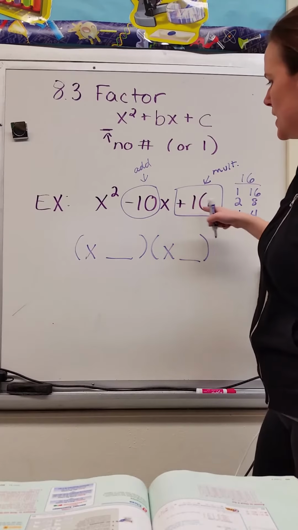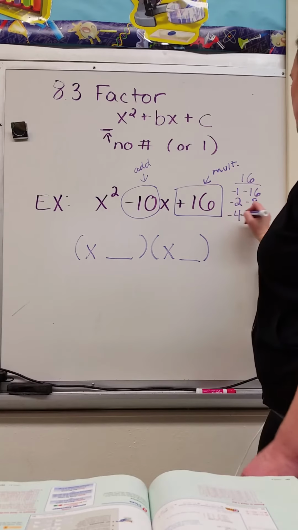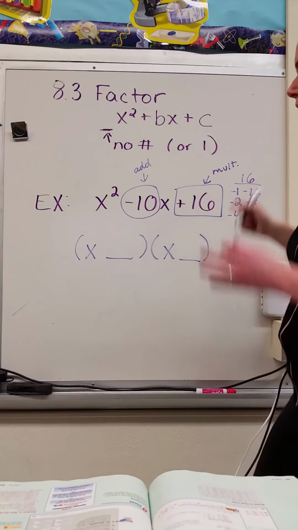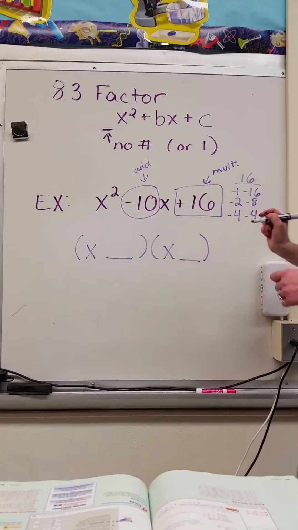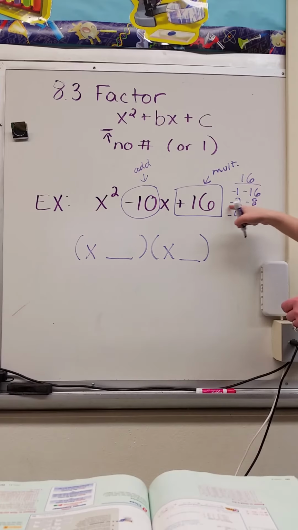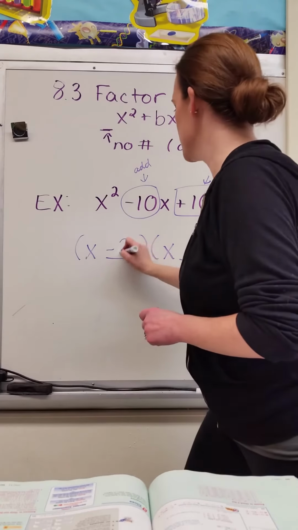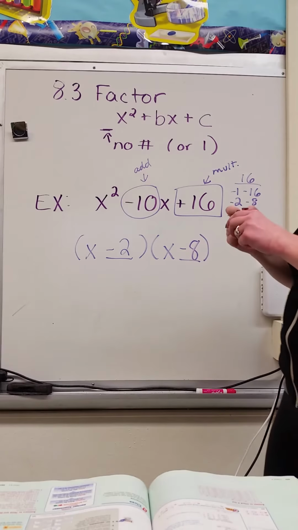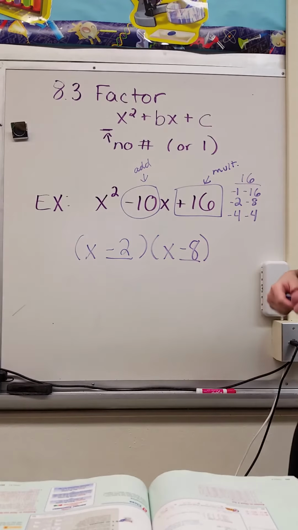Since we're multiplying to get a positive 16, we could actually think of them as all negatives, because negative 1 times negative 16 would also multiply to be positive 16. So the ones that are going to add to be negative 10 would be minus 2 and minus 8. And so that's going to be your answer, is x minus 2 times x minus 8.